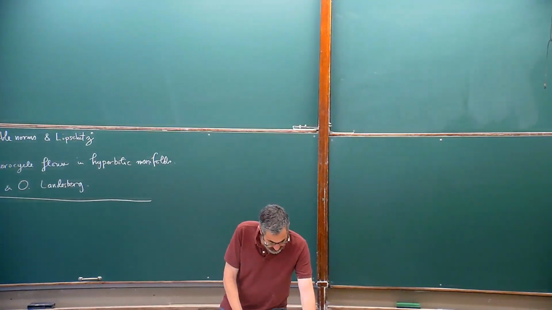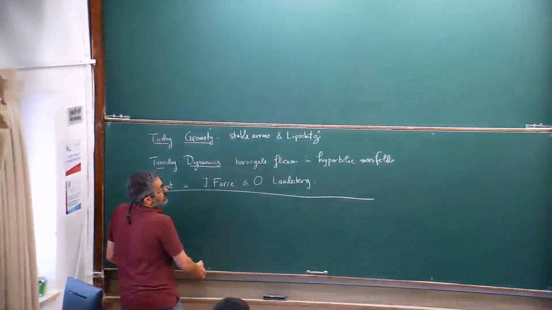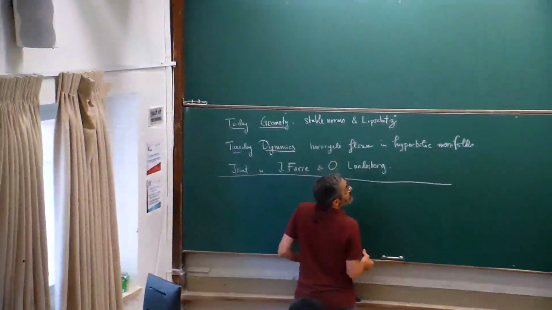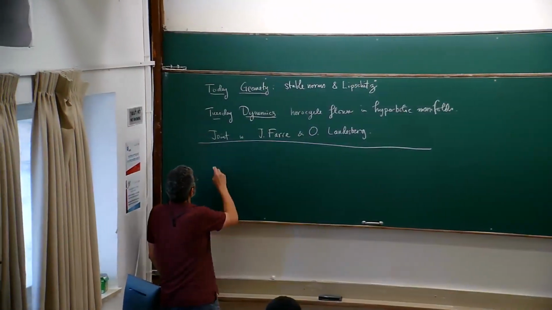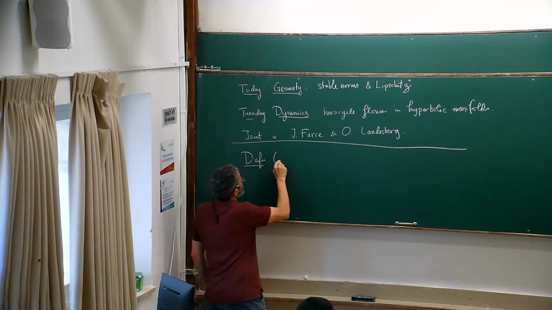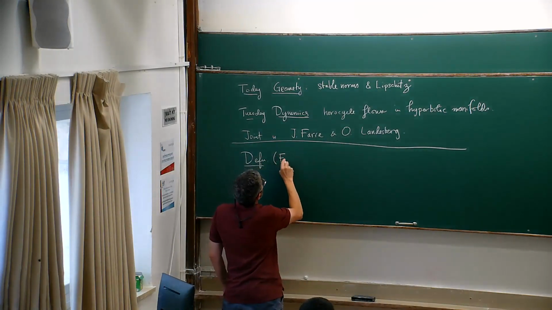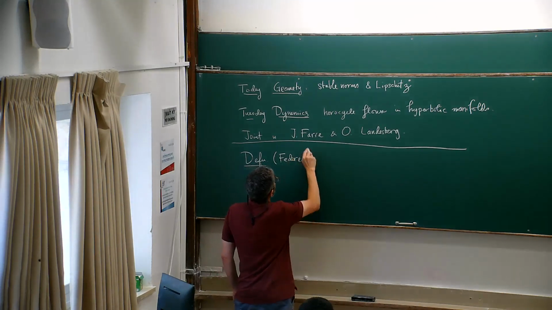Okay. So I want to start with a general definition. It's between topology and geometry. I don't know the literature super well, but I think it's due to Federer and is relevant in geometric measure theory.